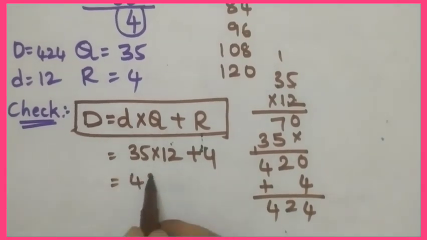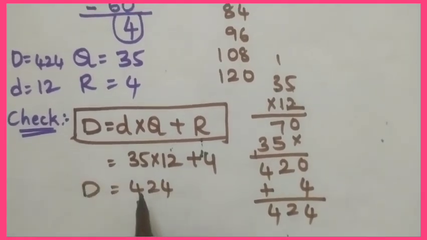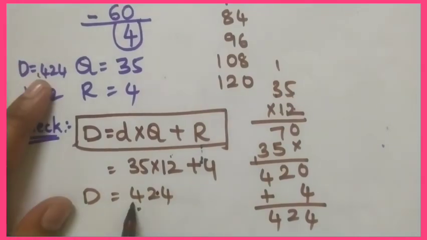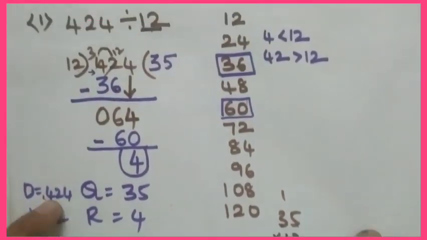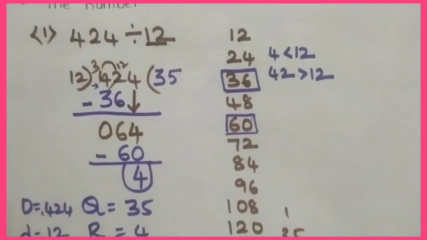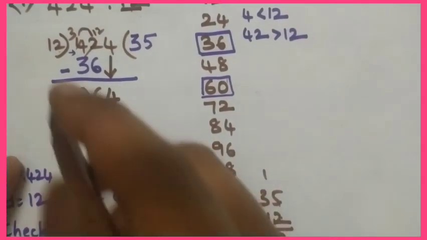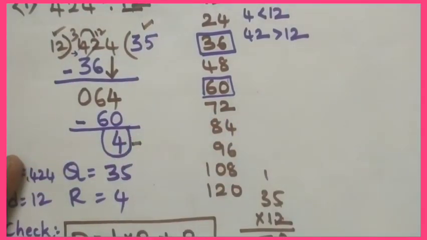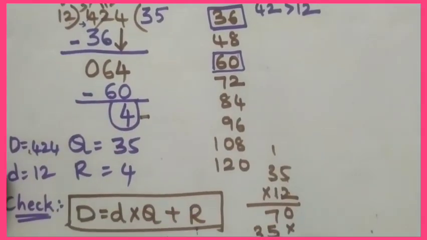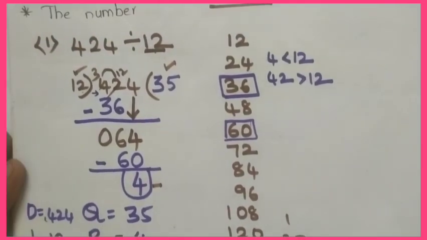Therefore, we got 424. We got this dividend only. If you get this dividend here, then the answer is correct. How will you do check? Yes, we have to multiply these two and we have to add the remainder. Like this you have to do the problems.